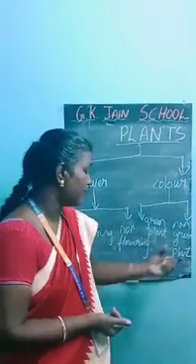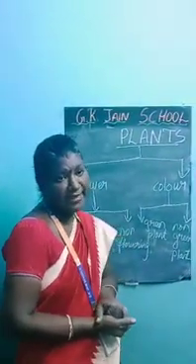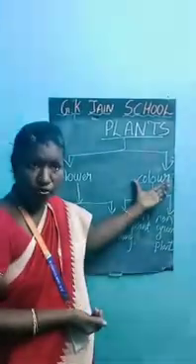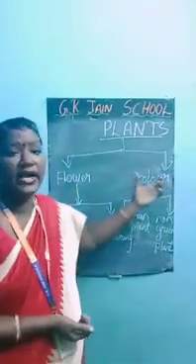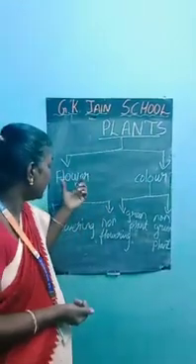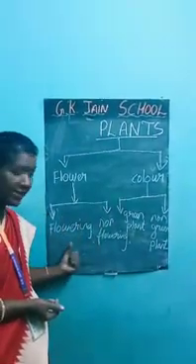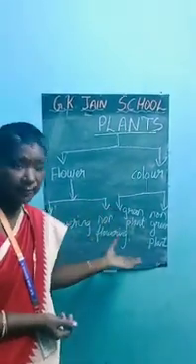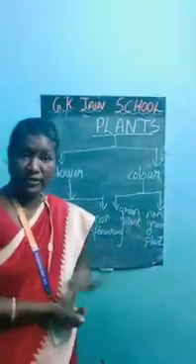So children, the plant is divided into two: flower and color. The flower is divided into flowering and non-flowering, and the color is divided into green plant and non-green plant.